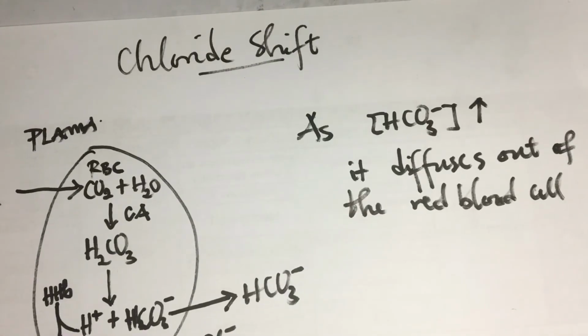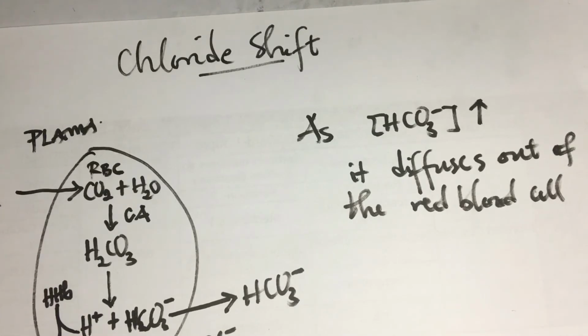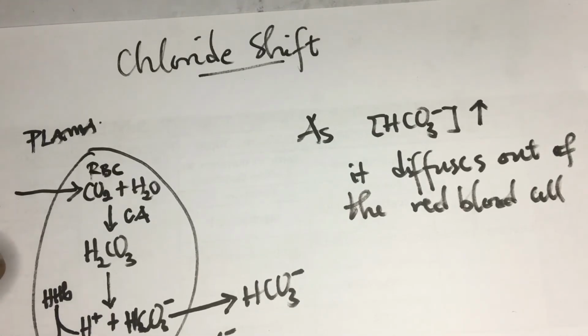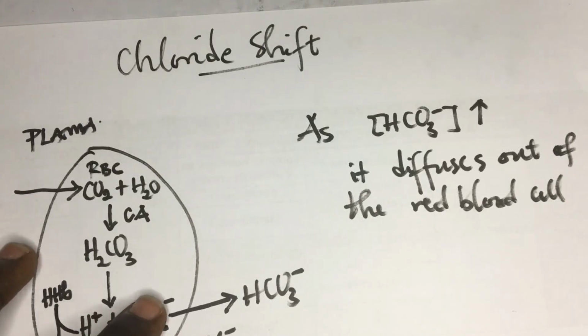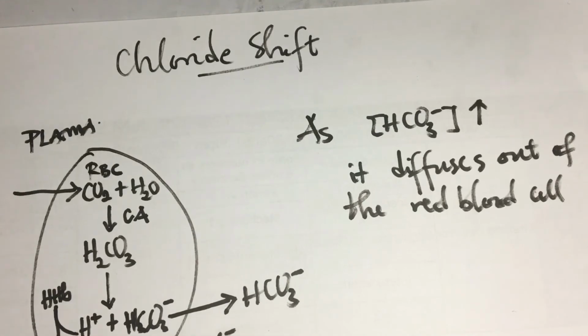So what happens is that the chloride ions are coming in to maintain the electrical neutrality of the red blood cell. So meaning that if a negative ion is being removed from the cell, the chloride ions will come in to replace that negative ion which has been removed.